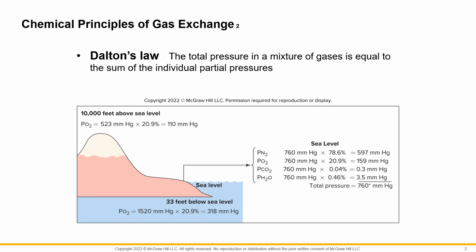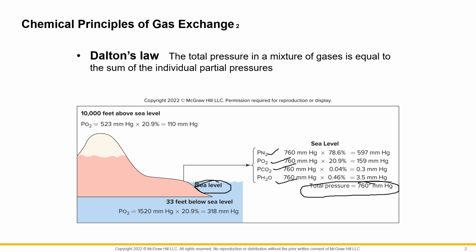Now here is a representation of Dalton's law. So here you are at sea level. So at sea level, here is the total pressure of Earth's atmosphere. That includes the partial pressures of nitrogen, oxygen, carbon dioxide, and water.